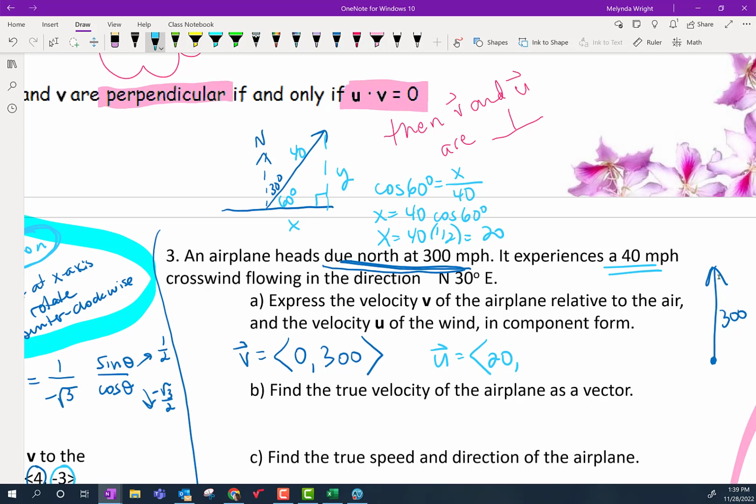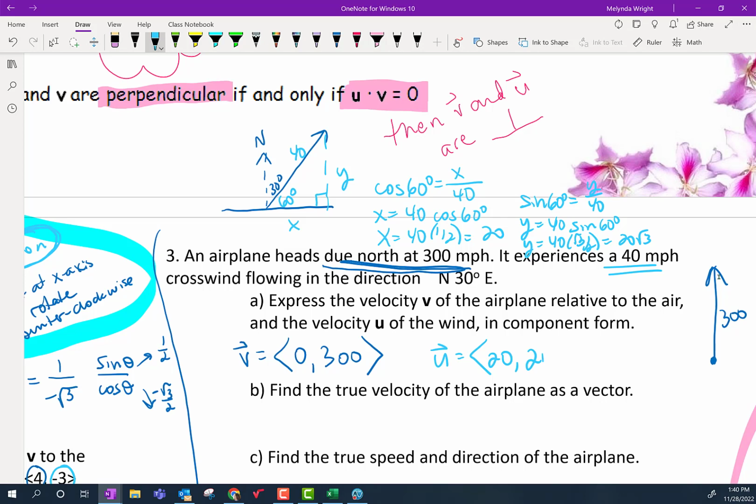Okay. So now I want to find the y component. I want to find that height. So we'll do sine of 60 degrees equals opposite, which is y, over hypotenuse, which is 40. So y is going to equal 40 sine of 60 degrees. We know sine of 60 degrees is root 3 over 2. So 40 times root 3 over 2, which gives us 20 root 3.